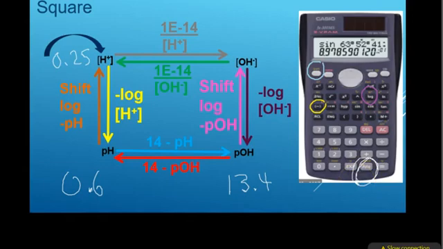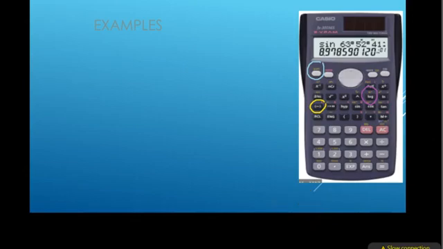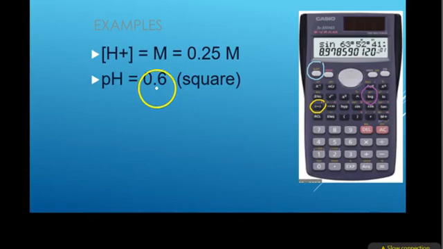So the shift log of my negative answer, and I end up here with 4 times 10 to the negative 14. Okay, so when you're looking at your calculations, your 0.25 went to 0.6. This is the check of our work from the last slide.